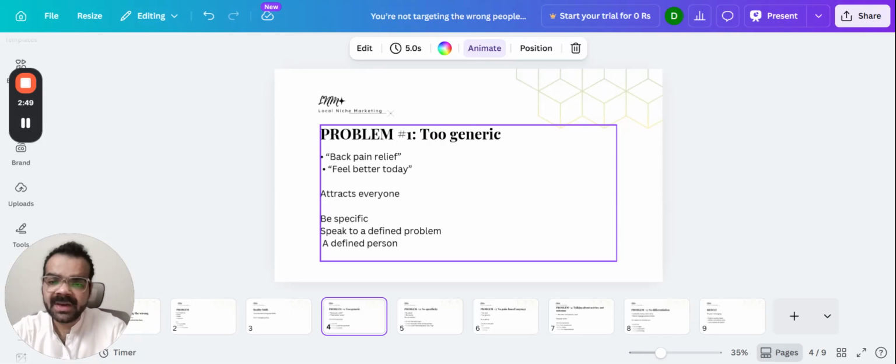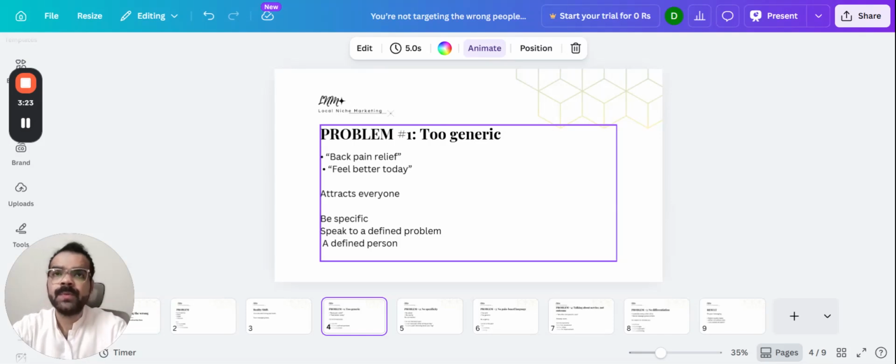Our qualified leads are those people who are suffering from either a herniated disc, degenerative disc disease, or spinal stenosis, all of these things. When you start writing about these specific pain problems that people are going through every day, then you are definitely going to attract people who are very qualified for your treatment.